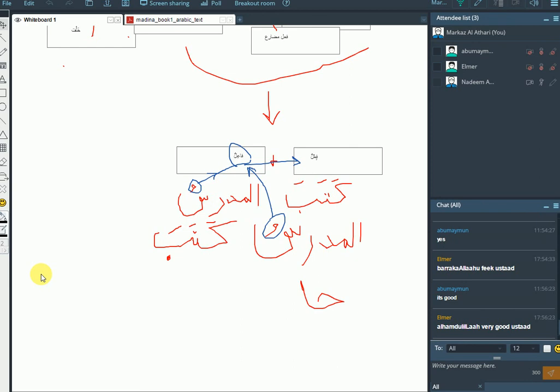Let's use a verb that we already had in previous classes, which was kharaja. Sometimes in Arabic you can just say one word like this, kharaja. This is the verb.